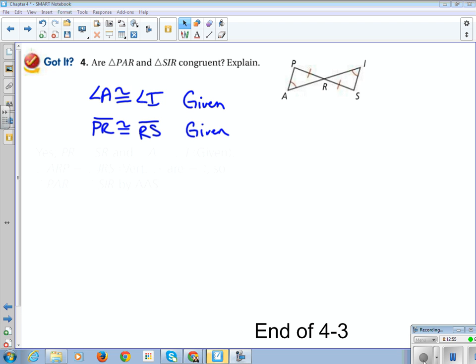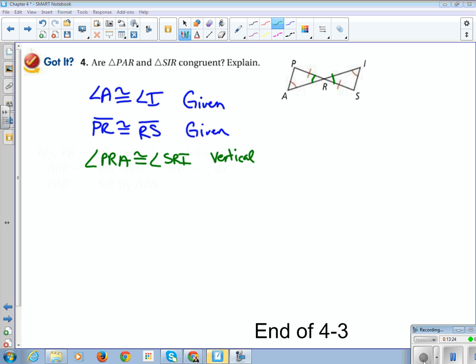What theorem are we supposed to keep in our pocket and use for later? Reflexive and vertical angles. Do I have vertical angles here? Yes. R. They live right here. So angle PRA is congruent to angle SRI by the vertical angles theorem.